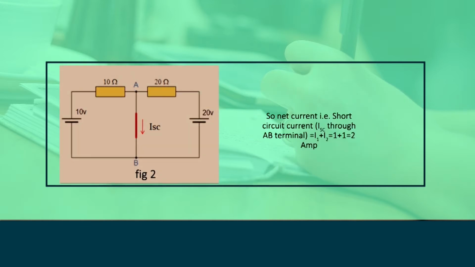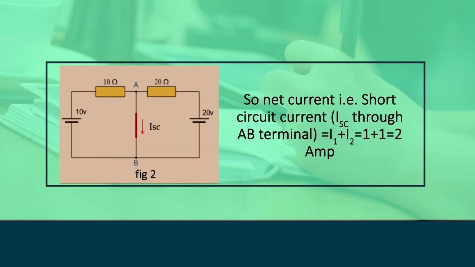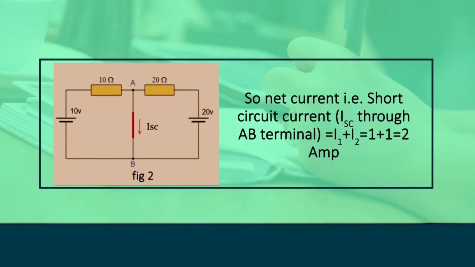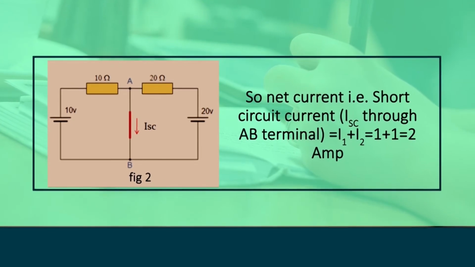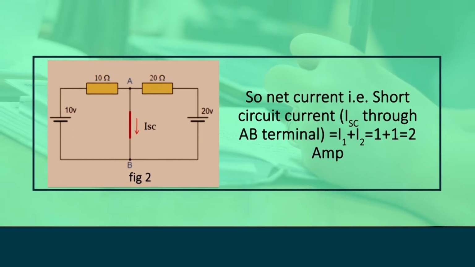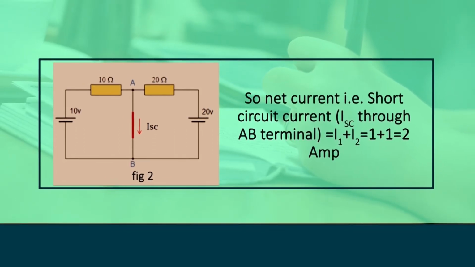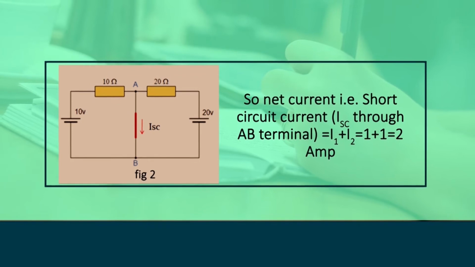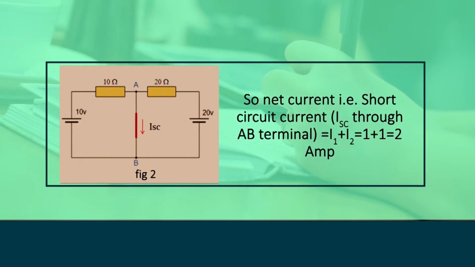So as per the superposition theorem, what will be the value of the current ISC? It will be the algebraic sum of the currents I1 and I2, because the directions of I1 and I2 are the same. That means simply you have to add. So the net current flowing through terminal AB, you can say this is the ISC current, or the IN current, or the IAB, is equal to I1 plus I2.